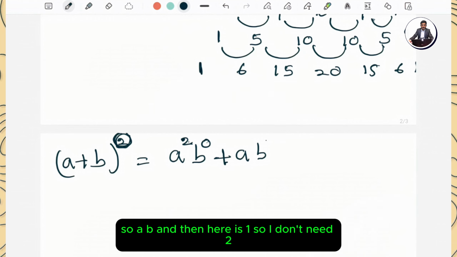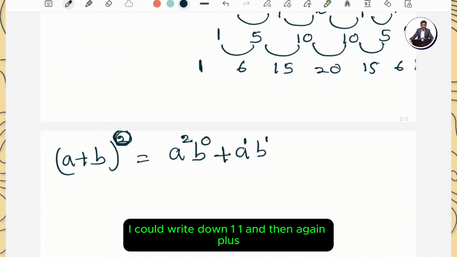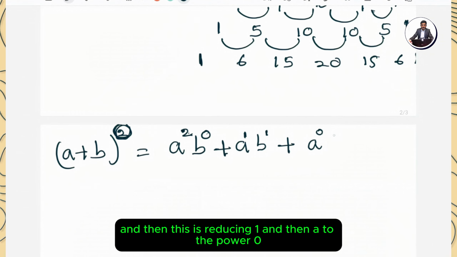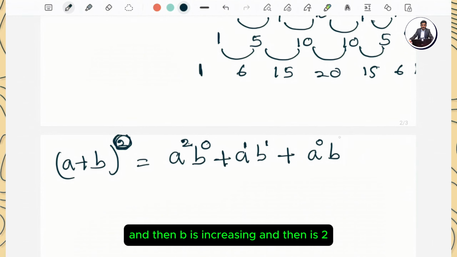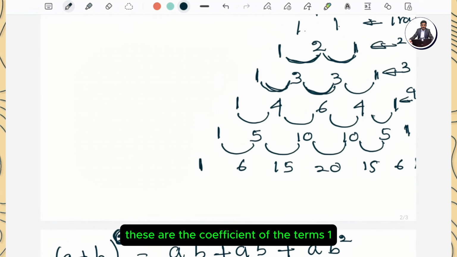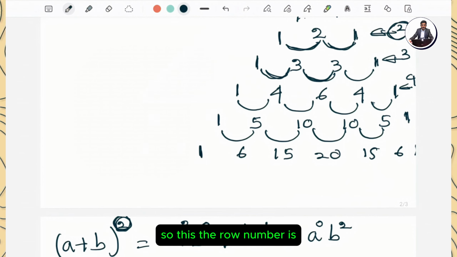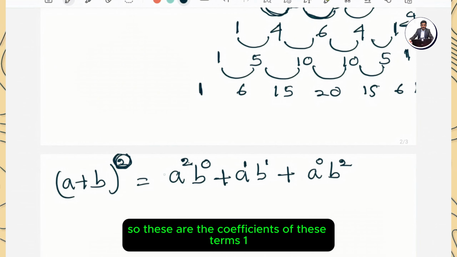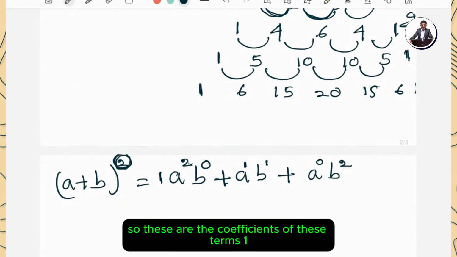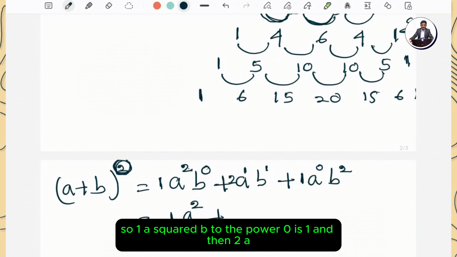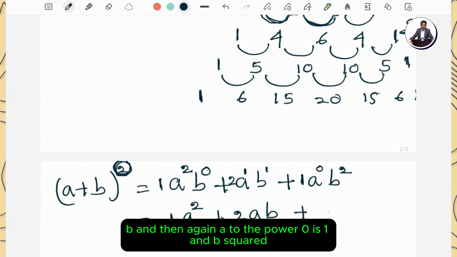Then again plus, a to the power 0 and b squared. Now I have to write down the coefficients of the terms: 1, 2, 1. So the row number is the same as this exponent value. These are the coefficients of these terms: 1, 2, and 1. So 1 a squared, b to the power 0 is 1, and then 2ab, and then a to the power 0 is 1, and b squared.